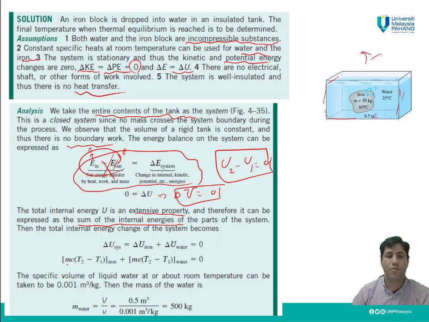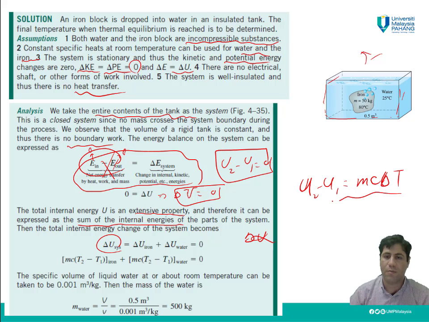Delta U of the system is equal to mc(T2 minus T1). You know this equation from previous slides, where delta U, or U2 minus U1, was mc delta T, if you remember.